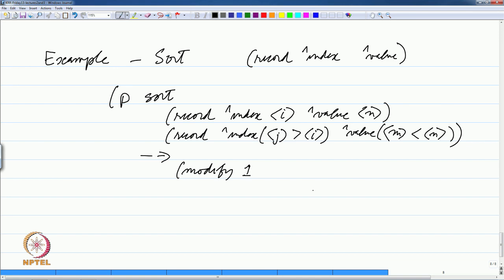What should I do? I can swap the indexes, right. Or I can swap the values, it does not matter, same thing.